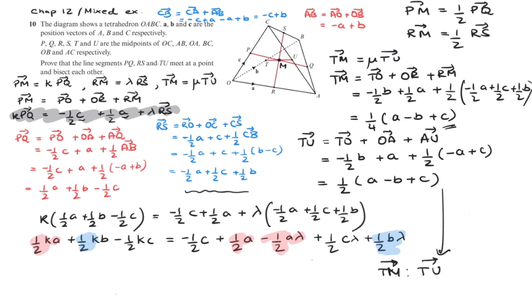And because you've got the same vector form, you've got A minus B plus C here and A minus B plus C here as well, we can safely say that the ratios are therefore comparable. So a quarter to half, or that basically turns into a half to 1. So that means that TM is half of TU. And there you have it.